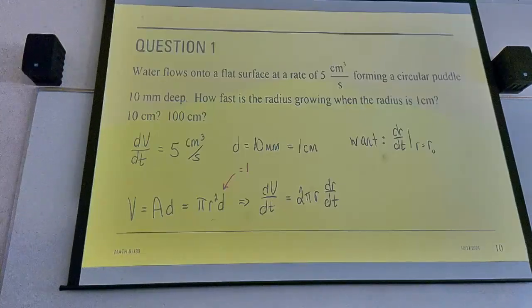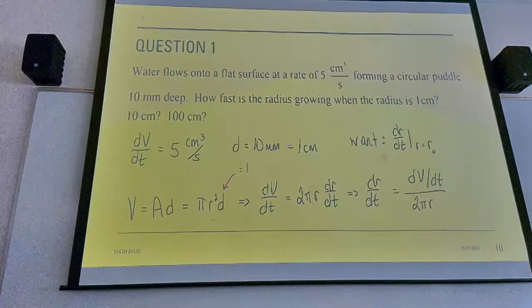I typically go the algebraic route, which is the latter. But dV/dt is a constant.